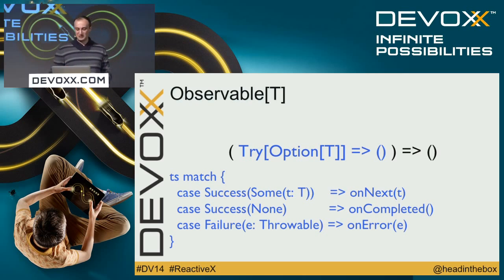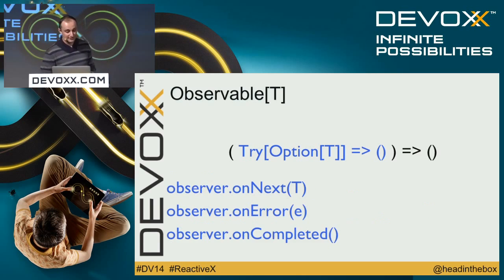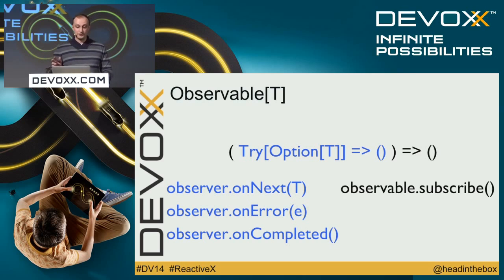Pattern matching doesn't really cut it for me. What I prefer is to just pass in three lambdas, onNext, onError, onCompleted, and that basically represents this one function that takes a Try of Option of T and then does something without returning anything. And the outer lambda again, that is the subscribe method.